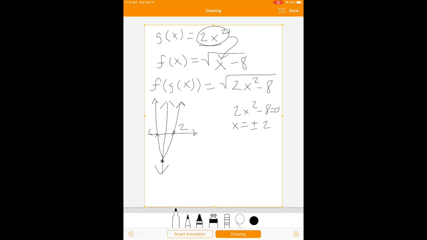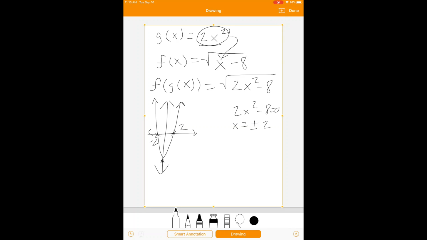So I have a positive 2, I have a negative 2 for my x-intercepts. The domain of function g, you'll see that that is a parabola, was negative infinity to positive infinity. But we've now created a new function where I'm taking all of the outputs of g and putting those into f.